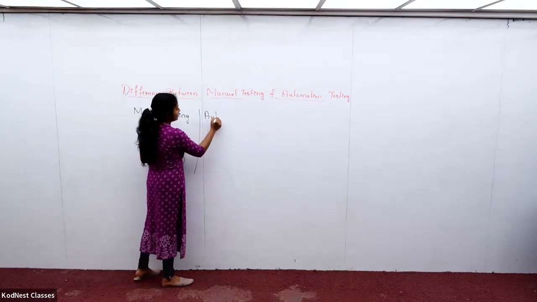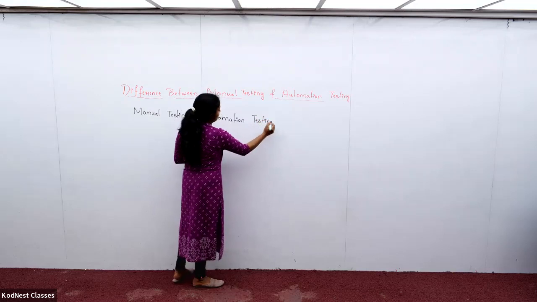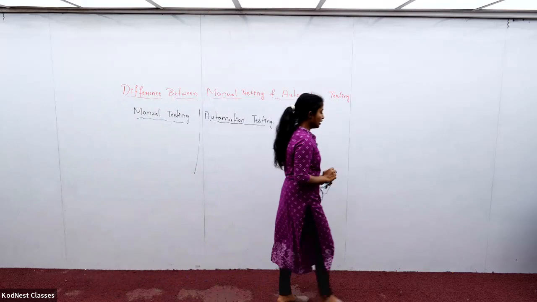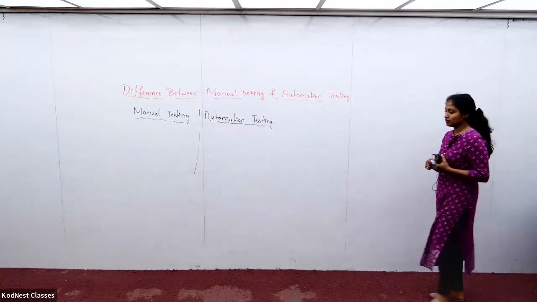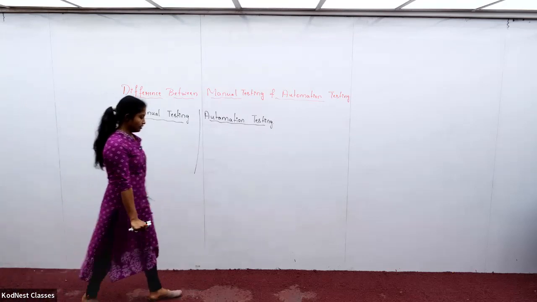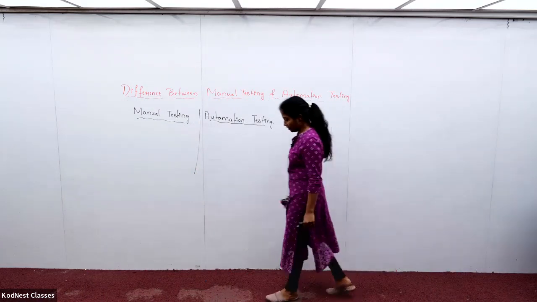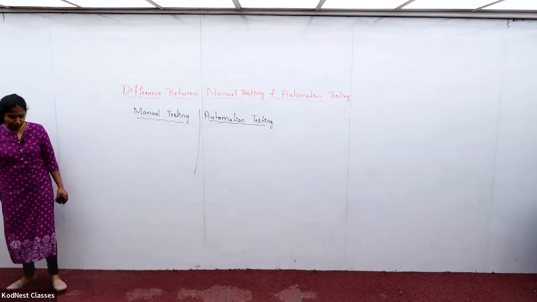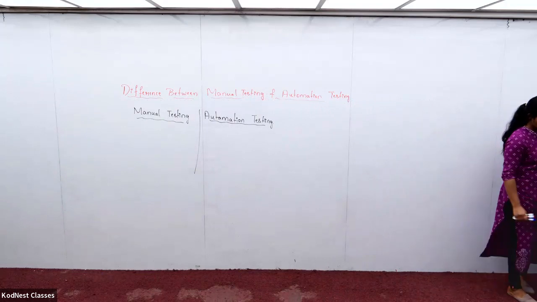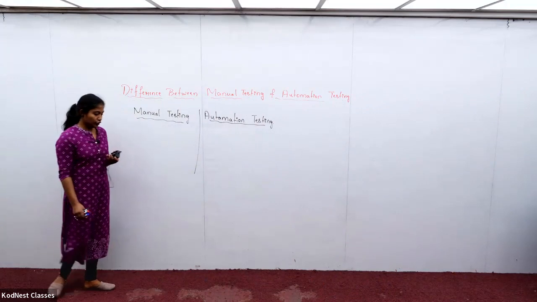Take down the heading: difference between manual testing and automation testing. Make two columns. In manual testing, the first point is: for the process involvement, more humans are required.